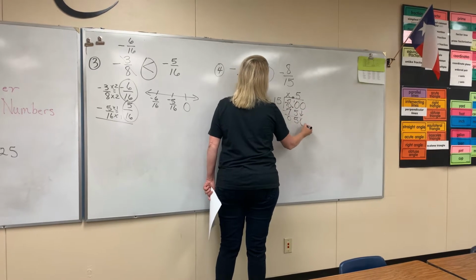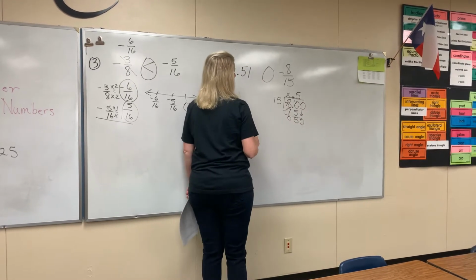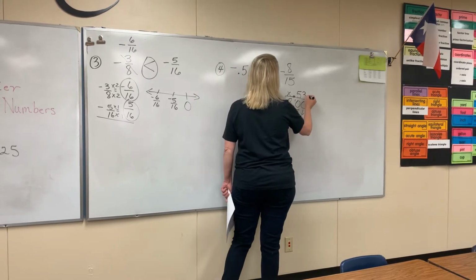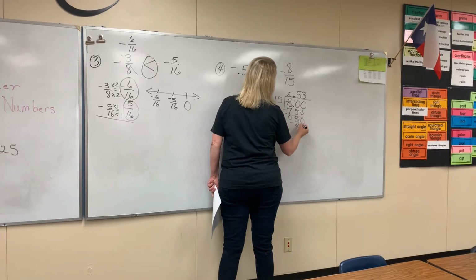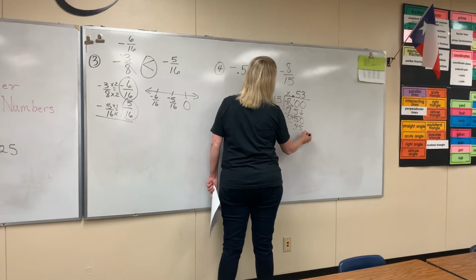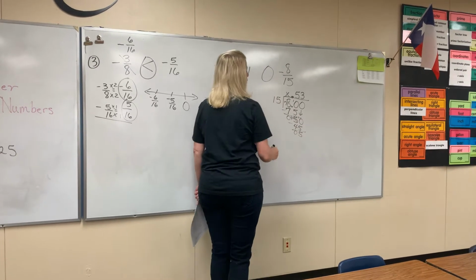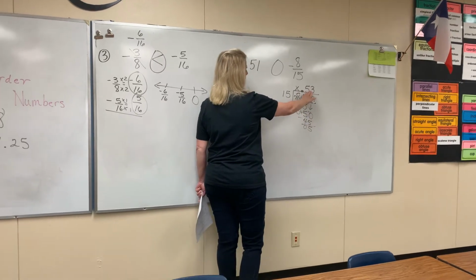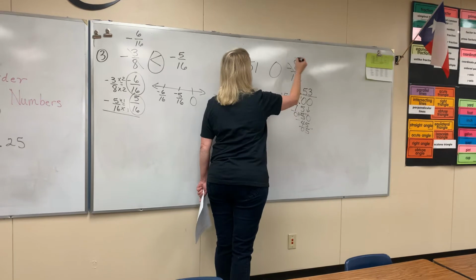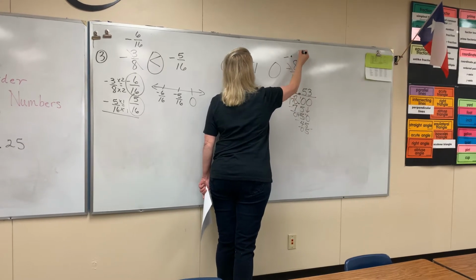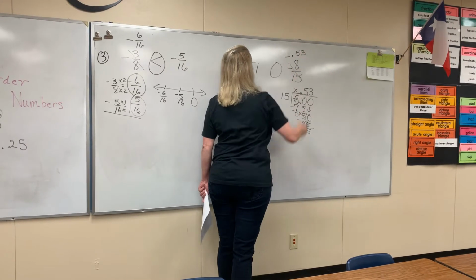Bring down the 0. 15 goes into 50 3 times, which makes that 45, which then you are left with a remainder of 5, but that doesn't matter because you've changed that to show that this is the same thing as a negative 0.53. Okay?